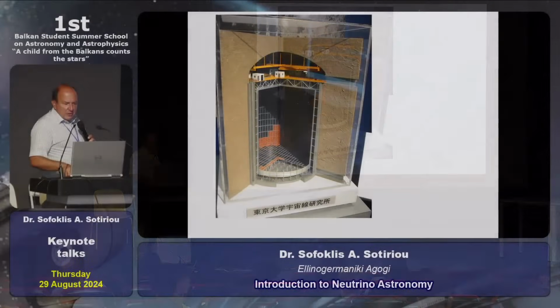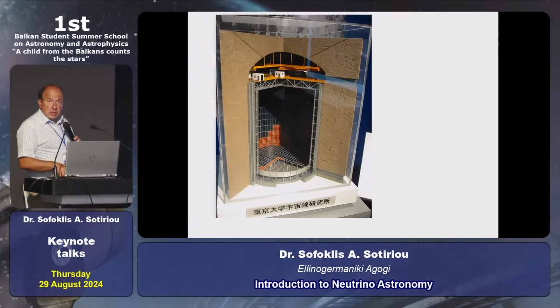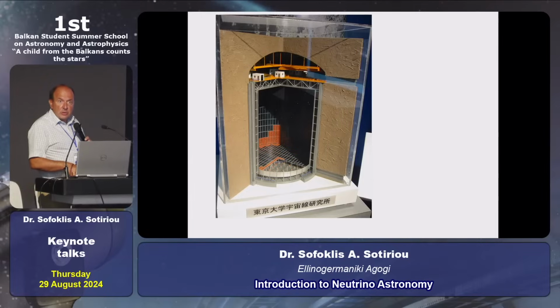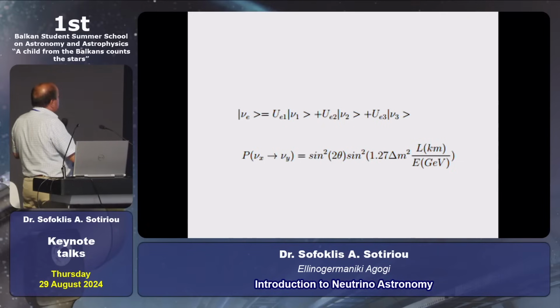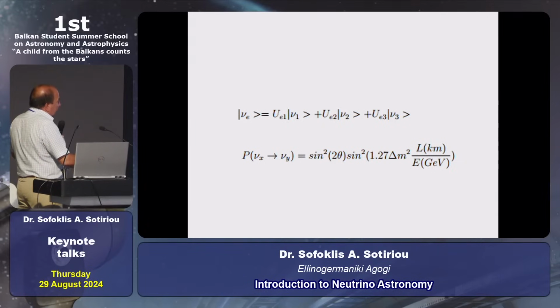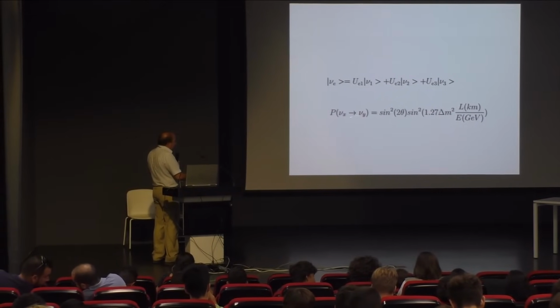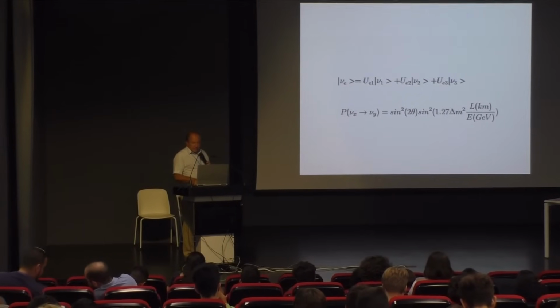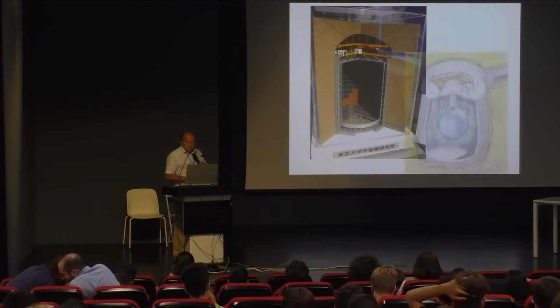And for this reason, especially to measure the oscillations of neutrinos and calculate exactly the differences, here we have the possibility to measure the differences between the square masses of the two types of neutrinos. This is the oscillation. We have constructed this kind of detectors.